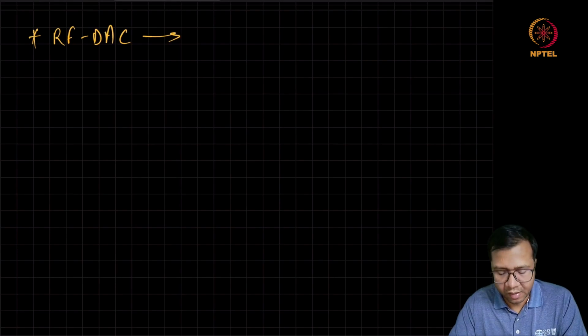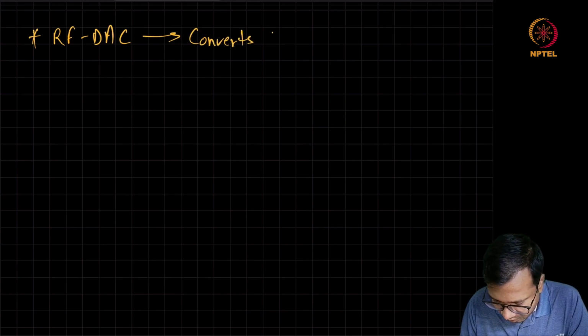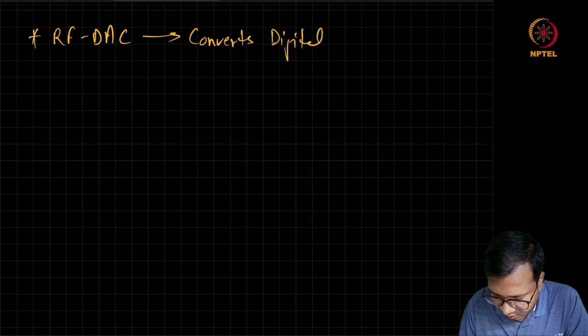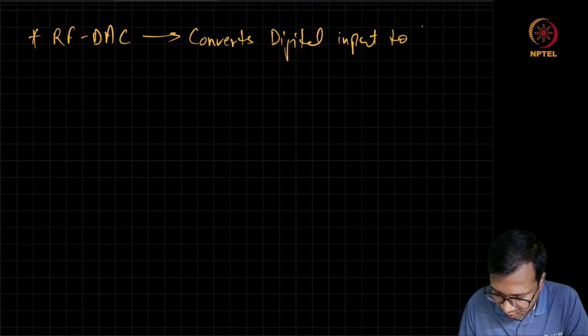So we are going to look at the design of a radio frequency digital to analog converter, which converts digital input to RF output.